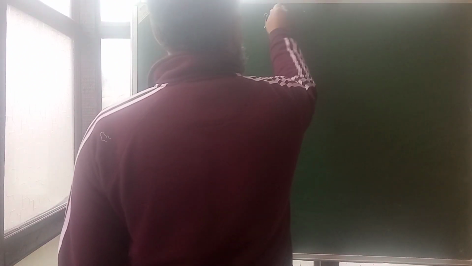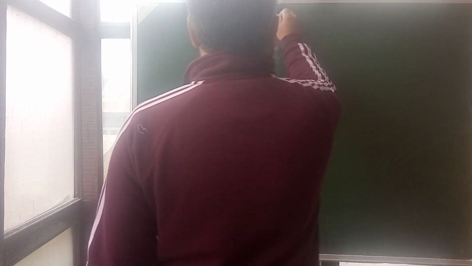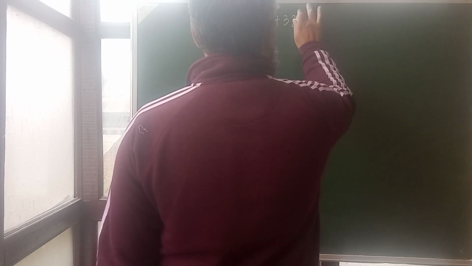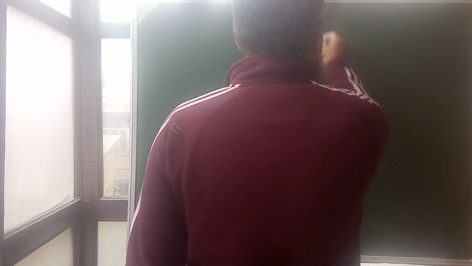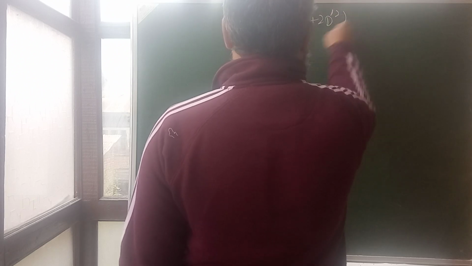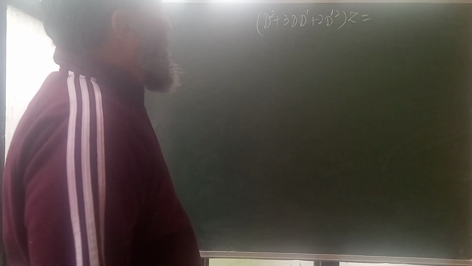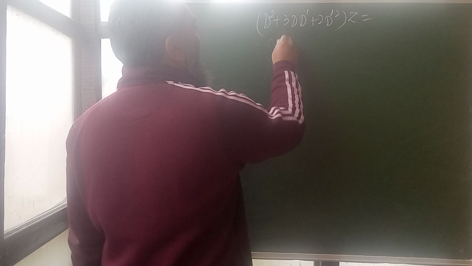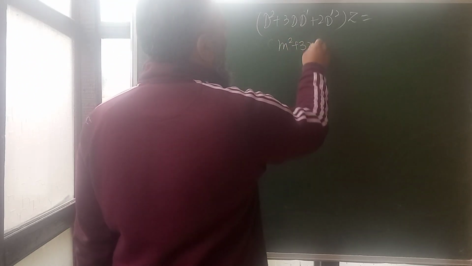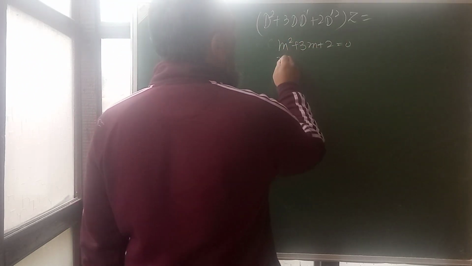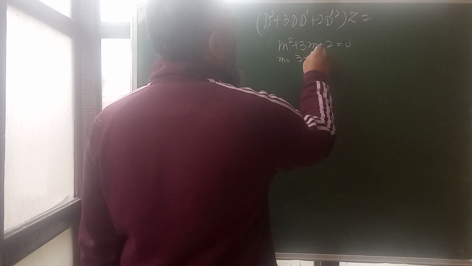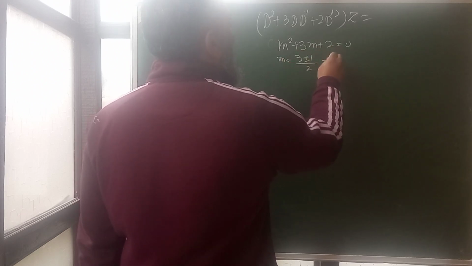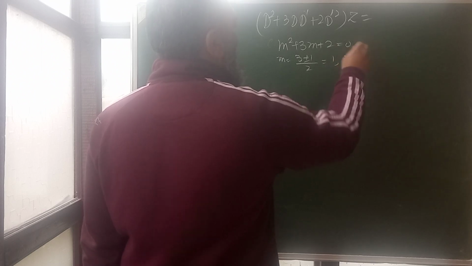Say you have D square plus 3D D dash plus 2D dash square operating on z equals some function. Let me take up the function later. Now what is the complementary function first? What is the auxiliary equation? m square plus 3m plus 2 equals 0. What's m? Minus b plus minus root of b square minus 4ac, so it is minus 3 plus minus 1 over 2, giving minus 1 and minus 2.